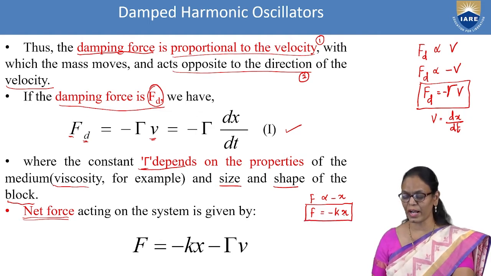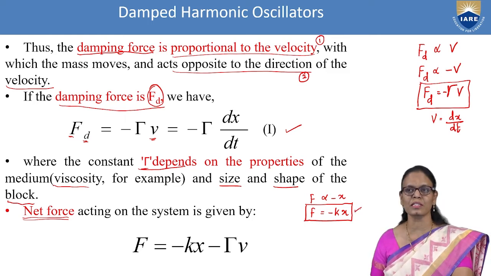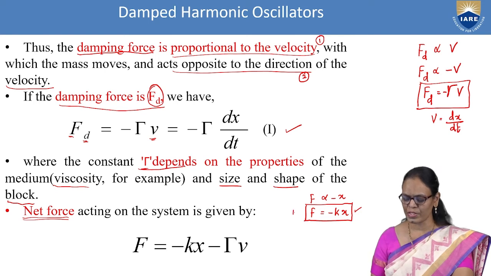So here now we are having two forces. One is the restoring force that brings it back to its equilibrium position. This is also opposite in direction to the displacement.